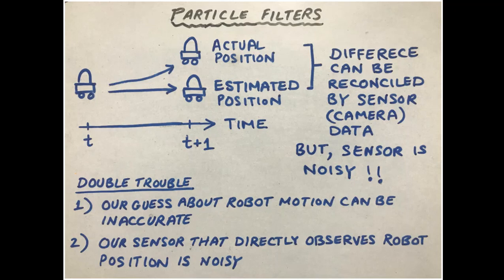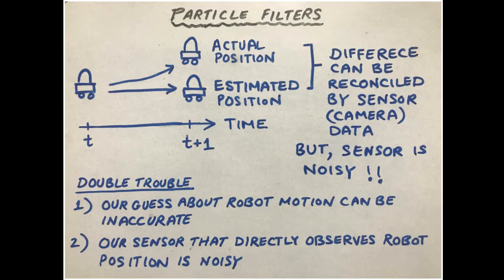Remember, the sensor in our case is the camera, and it is going to guide us towards a better estimate. But remember, real life sensors, as we all know, can be noisy. So here our problem is posing a double trouble. The first problem is that our guess about the robot motion model can be somewhat inaccurate.